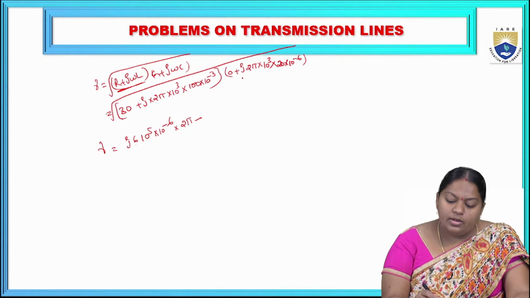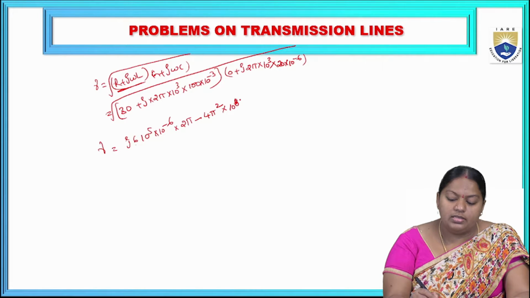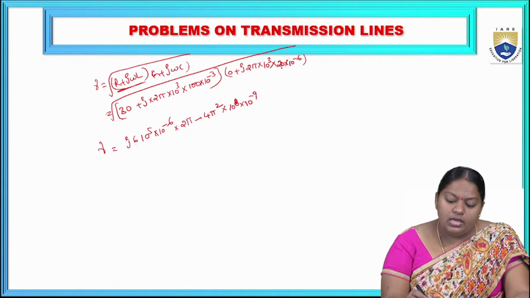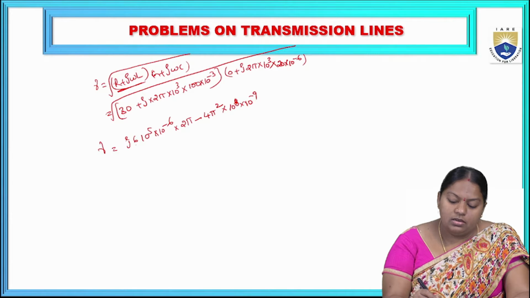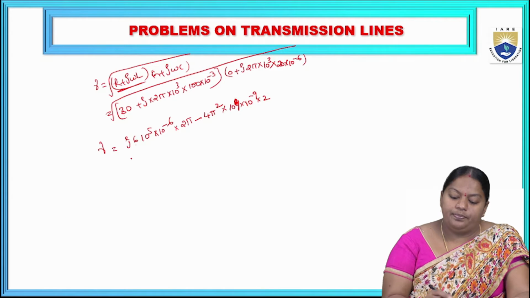So minus, and 2 pi into 2 pi becomes 4 pi square, and 10 power 3 into 10 power 3 becomes 10 power 6, and into 100, for that we can write 10 power 8, and here this 10 power minus 3 is multiplied with this thing as 10 power minus 9, and 20 is an extra factor, and 2 is a separate thing, right?